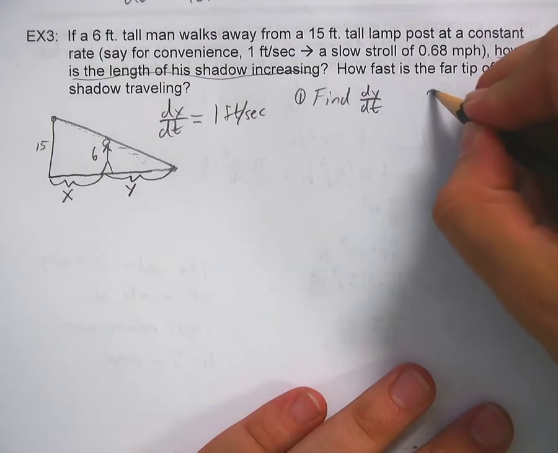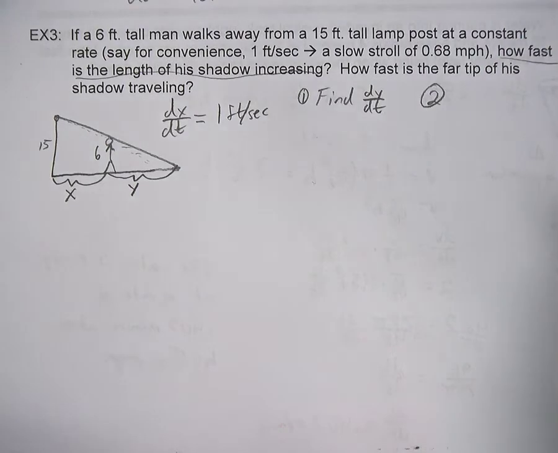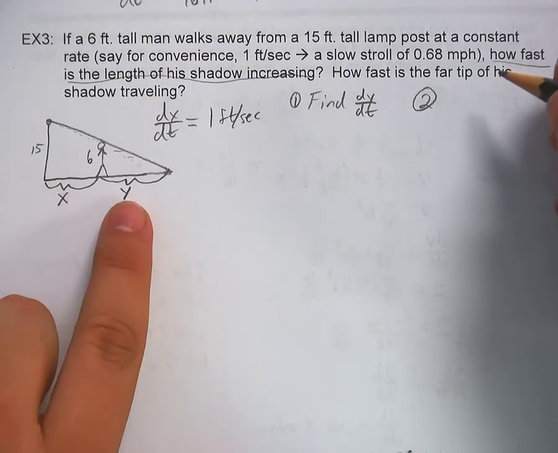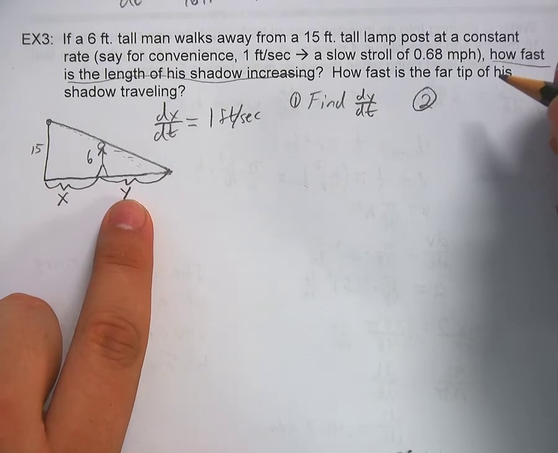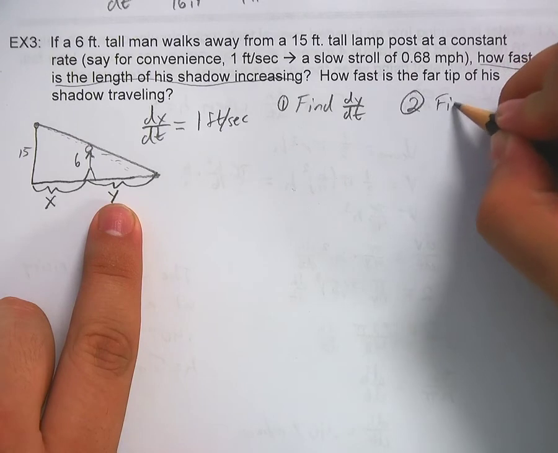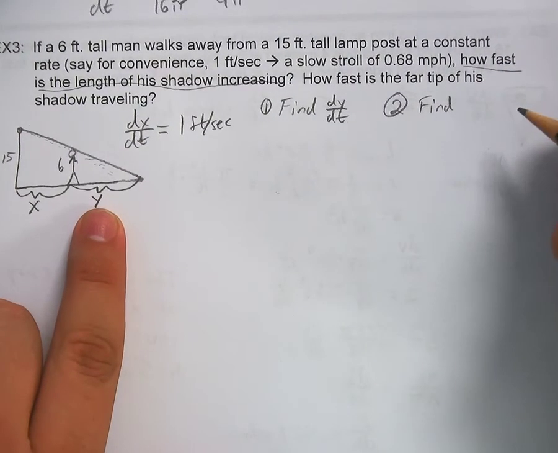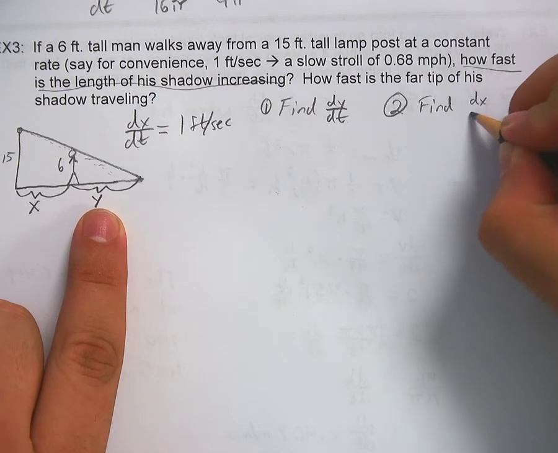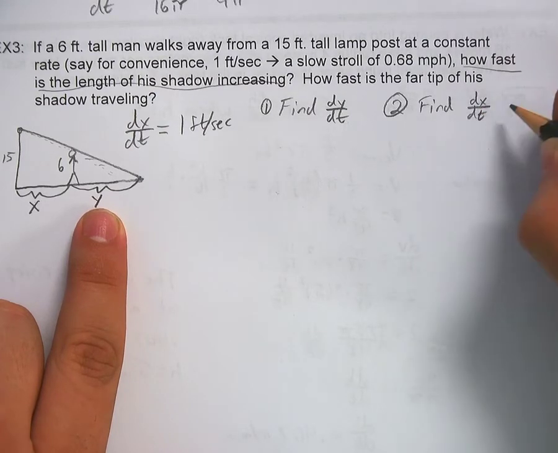Okay, so for 2, imagine this. You've got how fast he is changing, right? And then how fast his shadow is changing. So for 2, I'm going to be finding two different things here. I'm going to be finding how fast he's changing, and then I'm going to add that to how fast his shadow is changing.